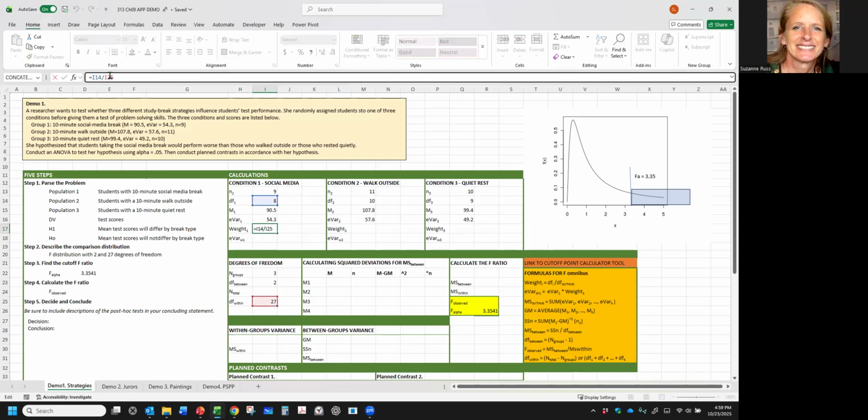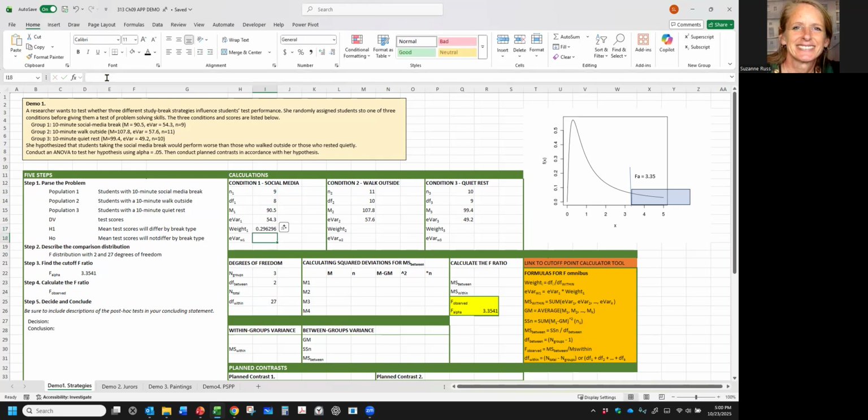And I'm going to hold that steady by putting the $ in between both the column and the row. And that will allow me to copy and paste across these conditions. And so we know that E bar W1 is just E bar 1 times the weight. So let's go ahead and calculate that. Weight times E bar 1. And that's what we'll be using to calculate our within group variance.